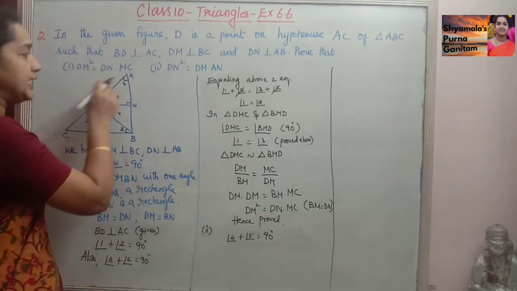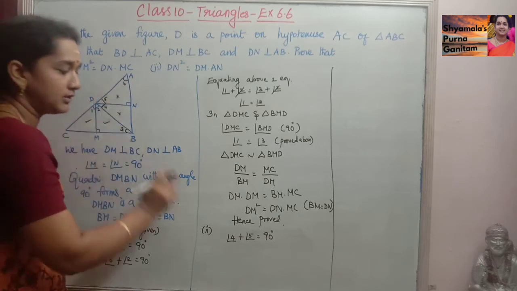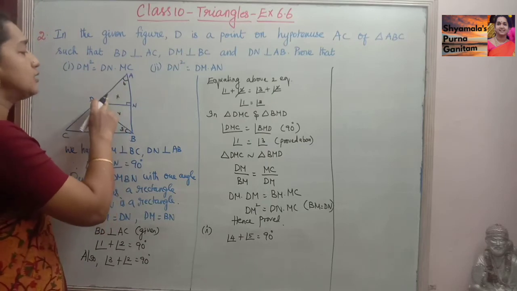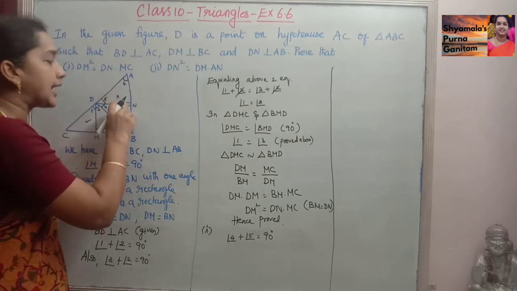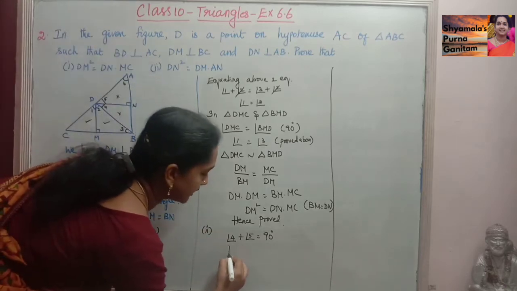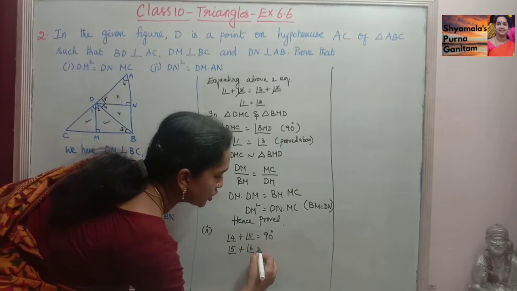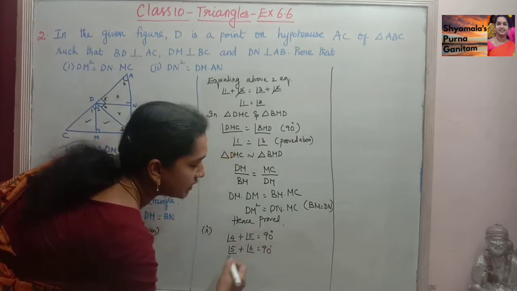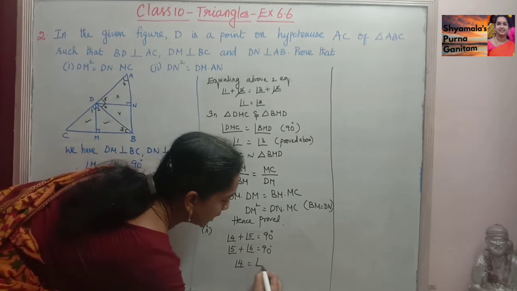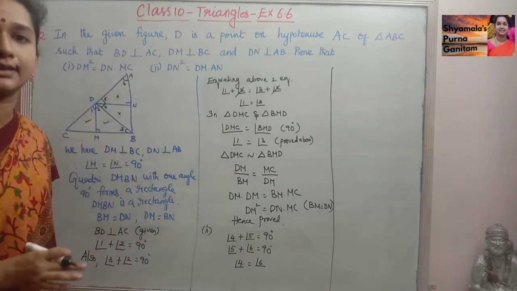Since BD is perpendicular to AC, angle 4 plus angle 5 is equal to 90 degree. The same thing with 5 plus 6: since one angle of a triangle is 90 degree, the other two angles, angle 5 plus angle 6, is also equal to 90 degree. So when we equate these two, we get angle 4 is equal to angle 6.